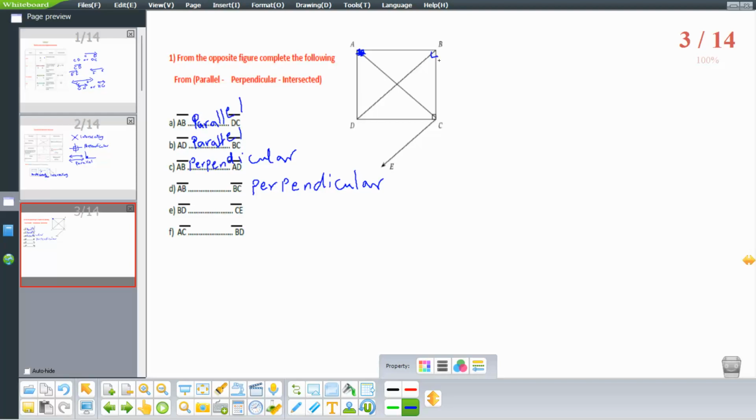BD and CE: yes, parallel. AC and BD: yes, intersecting.